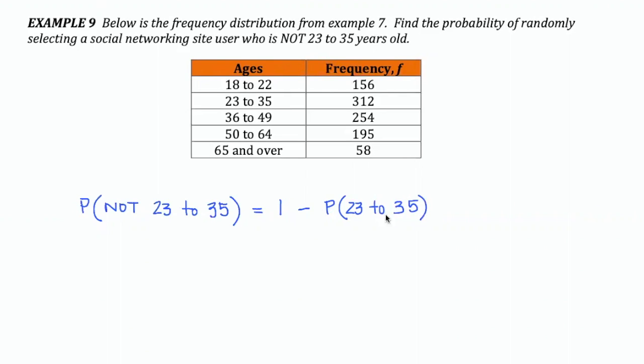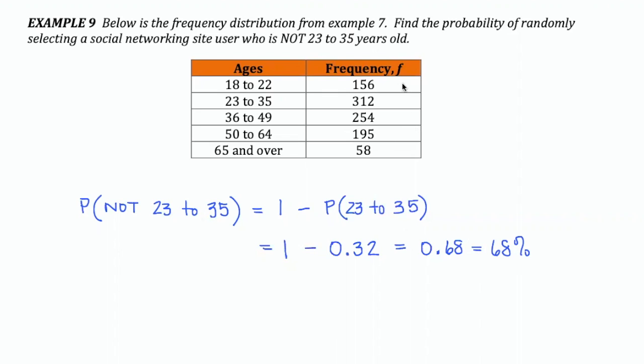We calculated that number up above. That was 0.32. And 1 take away 0.32 is going to be 0.68 or 68% chance. So there is a 68% chance that you select somebody who is not 23 to 35.